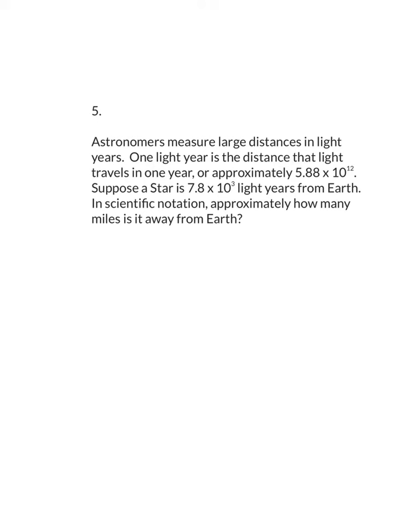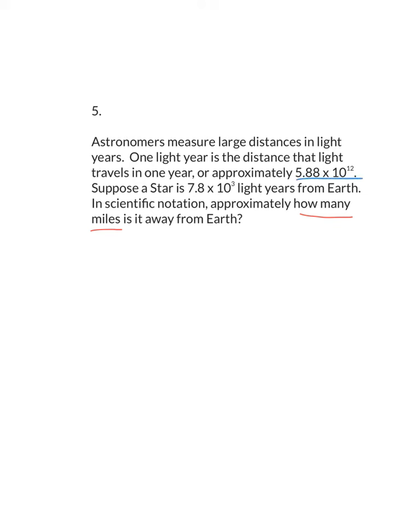So if we're thinking about what we're trying to find here, it's asking us to figure out how many miles. So that means my answer's in miles. Well, let's look at our 2 numbers that are given to us. This right here represents the 5.88 times 10 to the 12.